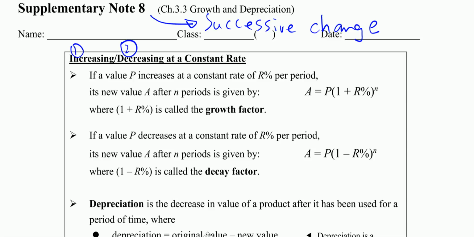increased at a constant rate R%. Let's highlight the keywords: for some periods, the new value will change after n periods, and you can get such formulas. Actually, I can just write it down in a few words so you can think of it.